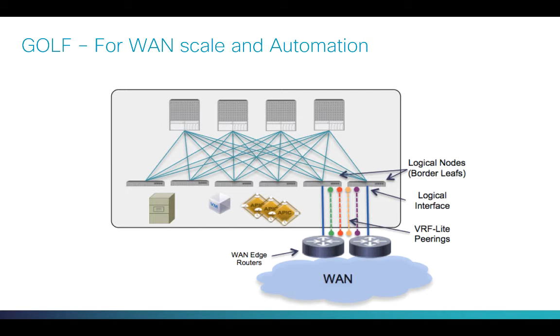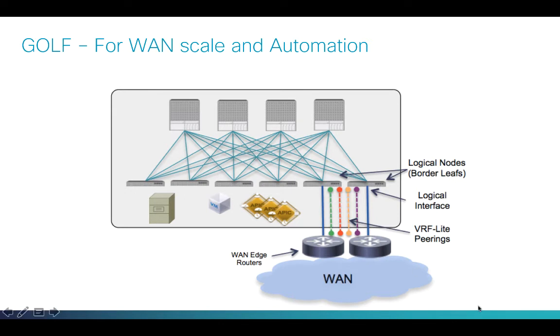But if, let's say, you're a service provider and you have many tenants and many VRFs, and you don't want to create the configuration overhead of a layer 3 out per VRF when you may have hundreds or thousands of VRFs that you're supporting, you want to look at using Golf as a way to scale your WAN connectivity into ACI.